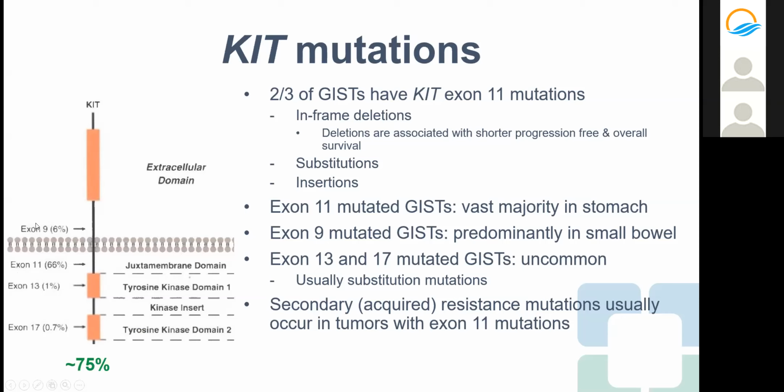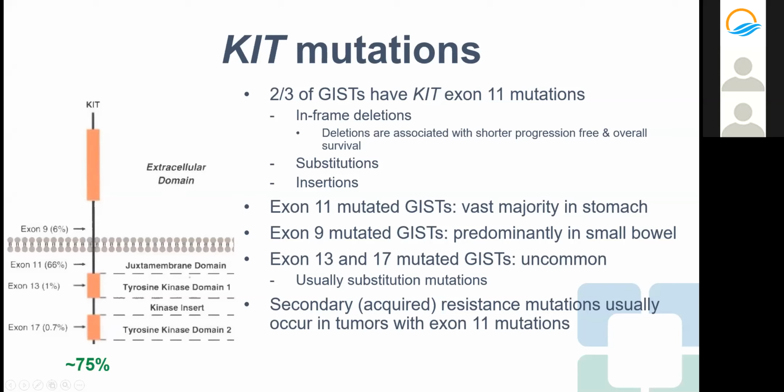You can see that mutation clusters occur in exon 9, 11, 13, and 17 in the KIT gene. Exon 11 mutations account for nearly 2/3 of cases, 66%. These mutations can be deletions, insertions, or substitutions.